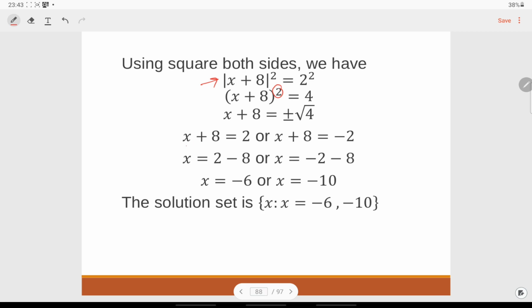So we have two equations to be solved: x plus 8 equal to 2 and x plus 8 equal to negative 2, because the remaining unknown value is x. So it's very easy to solve for x. We have two values, x equal to negative 6 and x equal to negative 10.